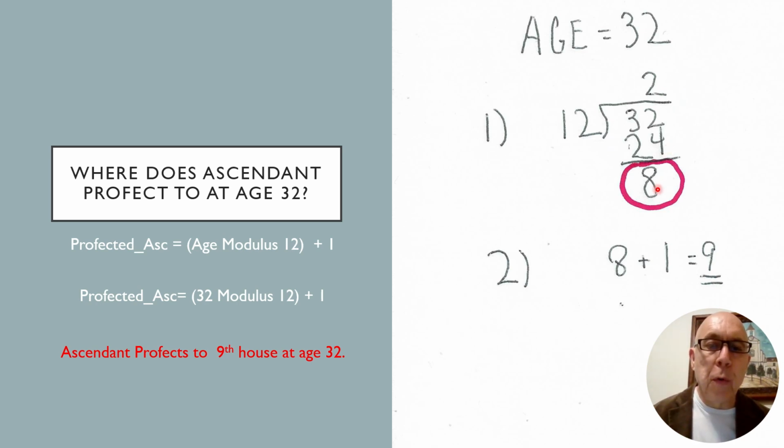We're going to use the remainder, which is 8. So 32 modulus 12 equals 8. And then we want to add a 1 to it, and that gives us 9. So at the age of 32, the ascendant perfects to the 9th house.